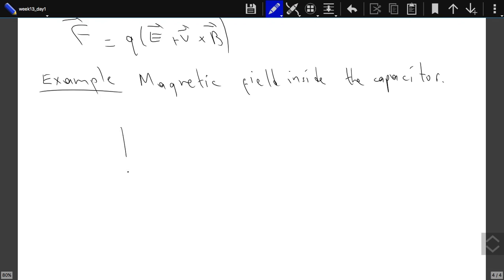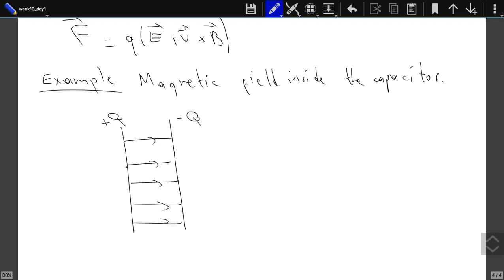So we will imagine we have a capacitor. Let's say this is charge plus Q, the other plate is charge minus Q. We have electric field lines going from the plus Q to the minus Q plate. We will just assume that Q is changing in time. Now let's assume we have a different view of this one.